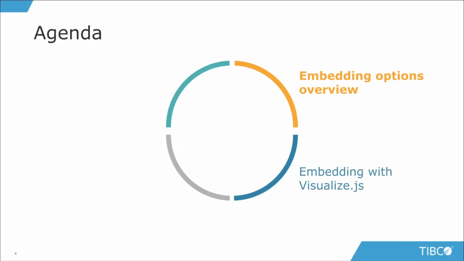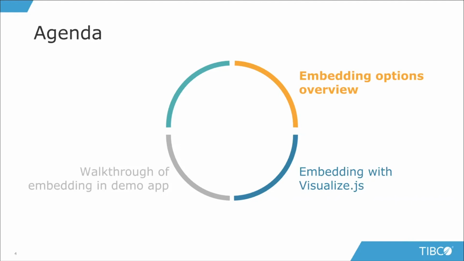The second thing is an introduction to embedding with visualize.js, an award-winning JavaScript API that Jaspersoft offers that facilitates seamless embedding of reports and visualizations. We'll cover what it is, how it works, and how you can interface with it for this project and for your own projects as well.